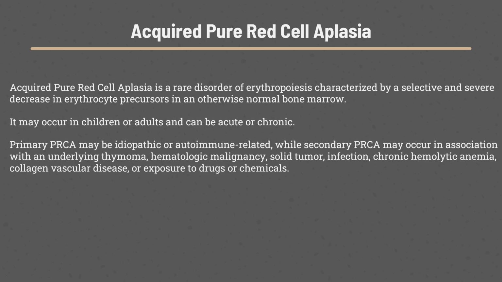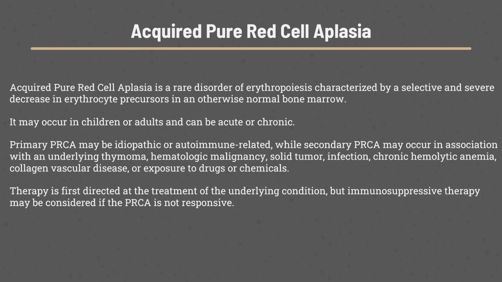Primary PRCA may be idiopathic or autoimmune related, while secondary PRCA may occur in association with an underlying thymoma, hematologic malignancy, solid tumor, infection, chronic hemolytic anemia, collagen vascular disease, or exposure to drugs or chemicals. Therapy is first directed at the treatment of the underlying condition, but immunosuppressive therapy may be considered if the PRCA is not responsive.